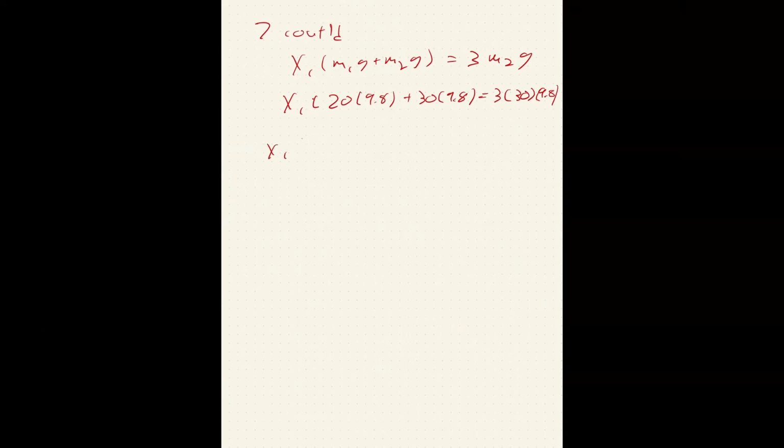x1 times, so let's solve that inner piece. Basically that's going to be 50 times 9.8, so we get 490 equals now 3 times 30, which is 90. And then we multiply that by 9.8 and we get 882.